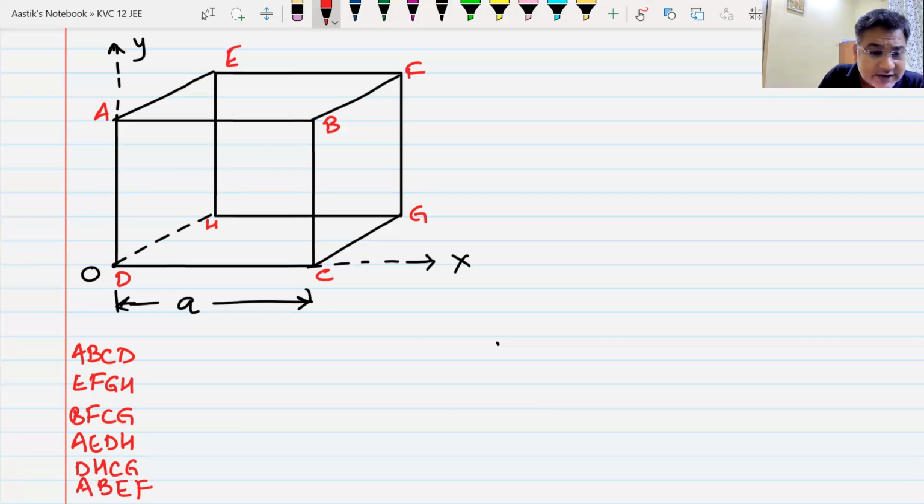So we are able to identify the 6 faces of the cube. Everyone understand this? These are the 6 faces of the cube.